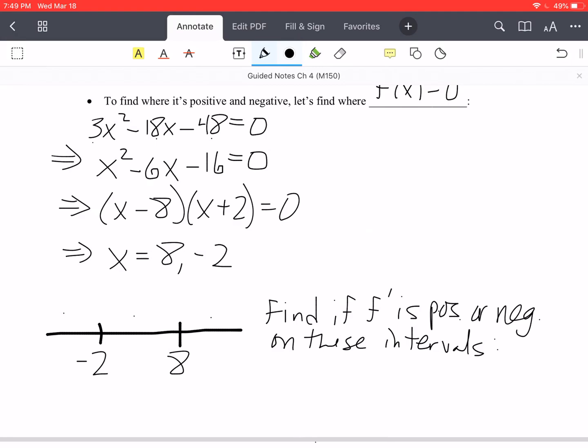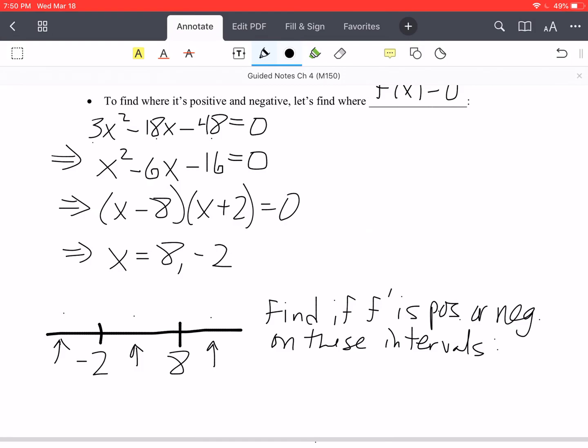We can pick any point we want from this interval, and then any point from this interval, and then any point from this interval. It doesn't matter what point it is, they would all give us either a positive or negative answer as long as it's a part of the same interval. So generally the rule of thumb is we want to pick the one that's easiest for us.